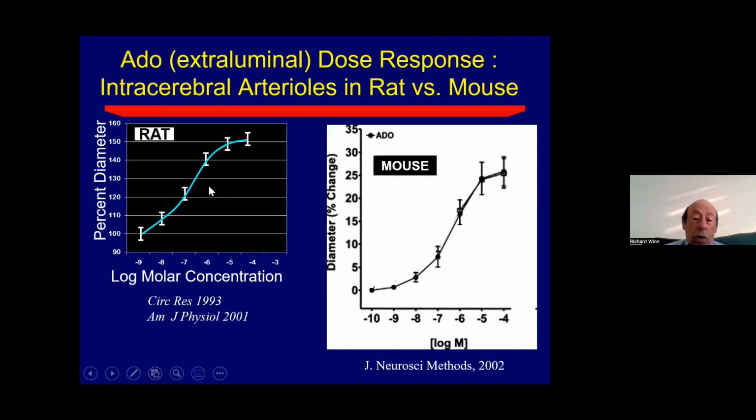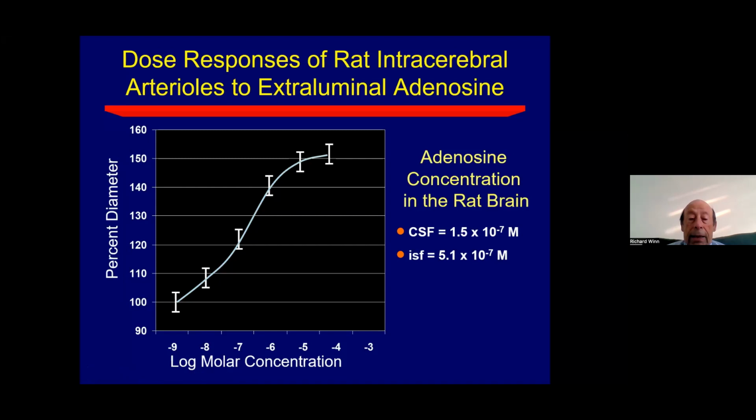And that's in rat, it's in mouse, we did some in humans. And it is this sharp, high rising compartment of the curve. You can see that here, small additions of adenosine would cause more dramatic increases in vasodilatation.